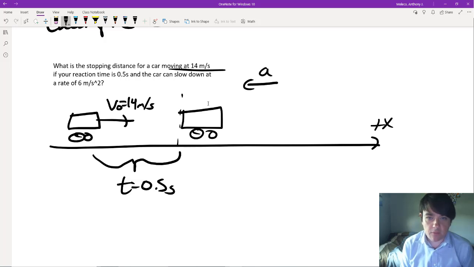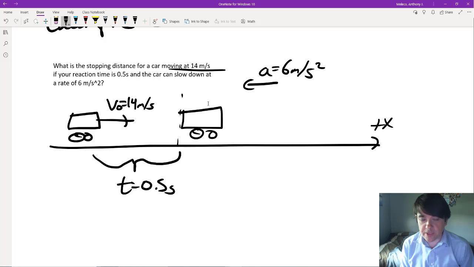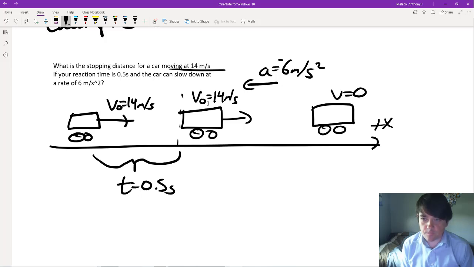So that means that A right here, this will be a negative value because it's pointing to the left. Okay, so just, and here, our V initial is still 14 meters per second before we slow down. Okay, then we have a third time where the car has stopped. Okay, so at this point, at this V final, before we slow down.